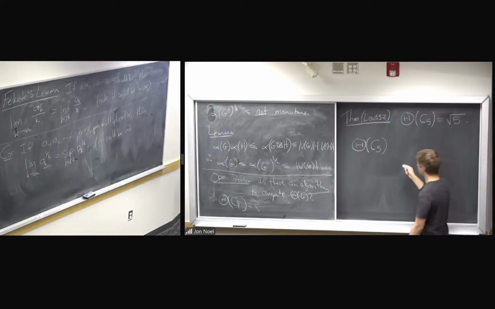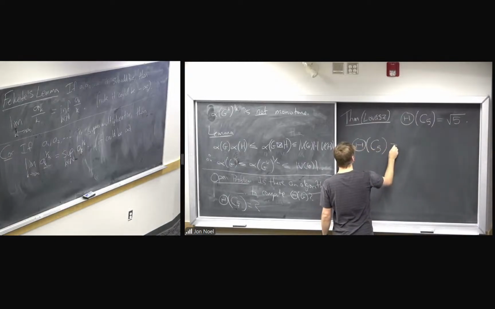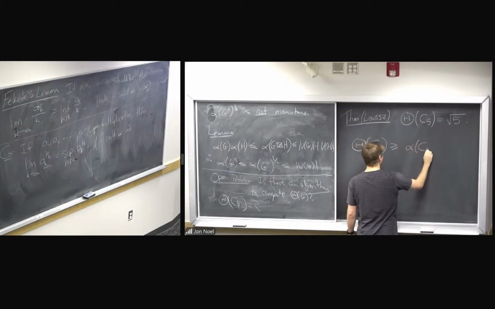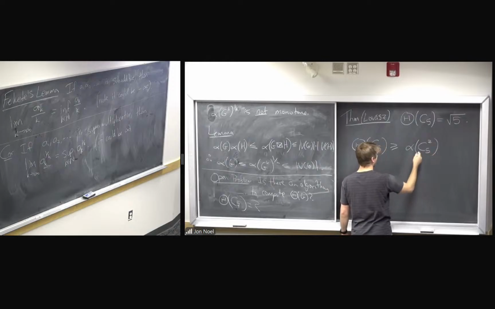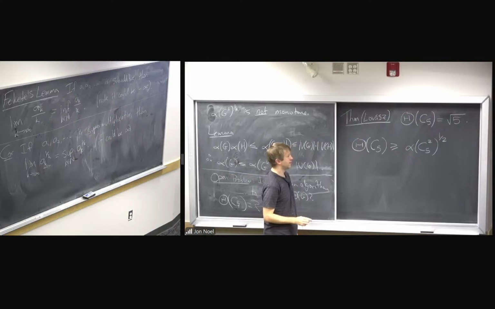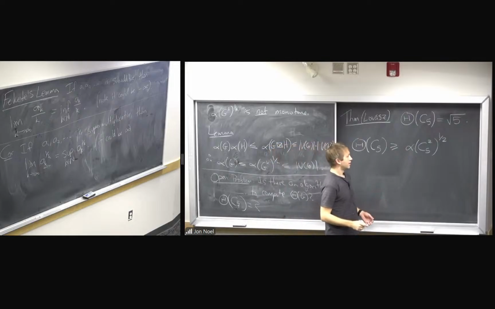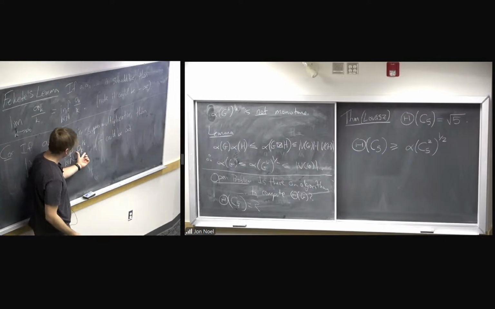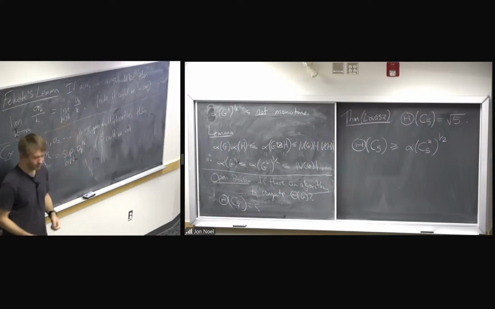So the lower bound is not hard. If I take C5 squared to the 1/2, this is just taking the second thing in the sequence, the sequence where I'm taking the 1/k powers.